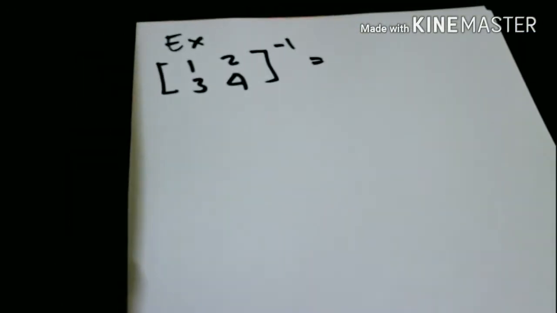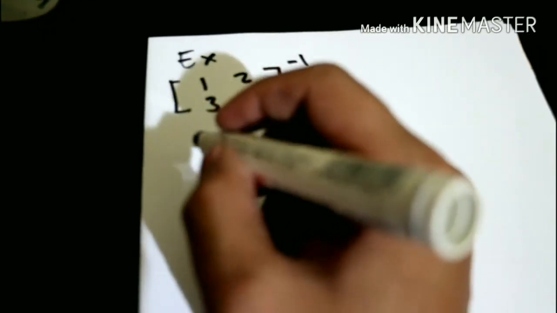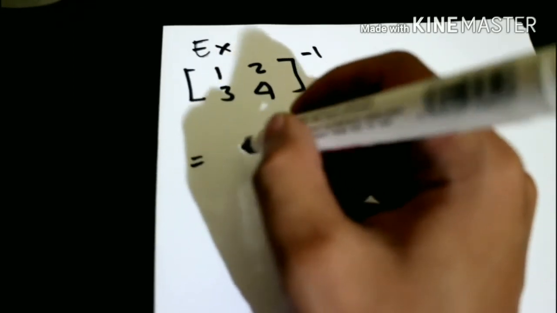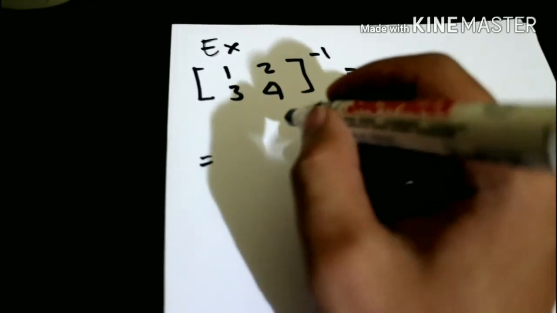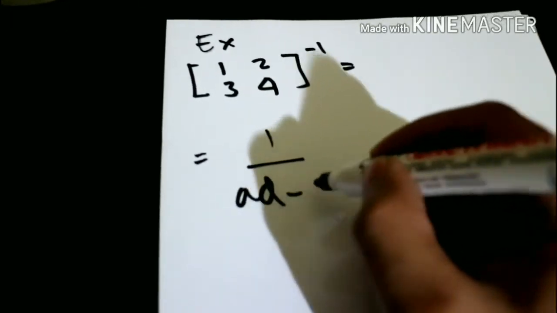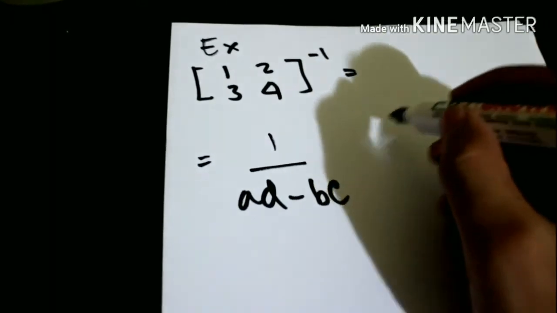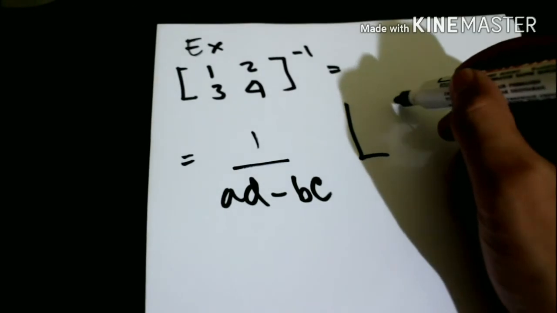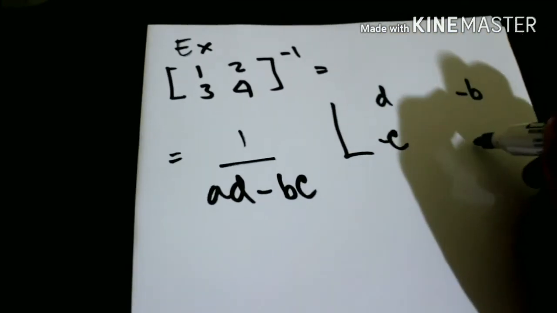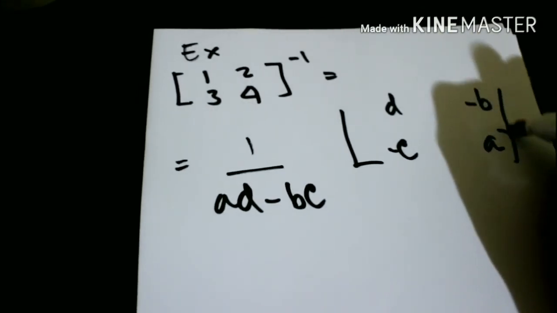So this is the example for the 2 times 2 matrix. As we explained before, the formula itself is 1 over ad minus bc, and then d, negative b, negative c, and a. Sorry.